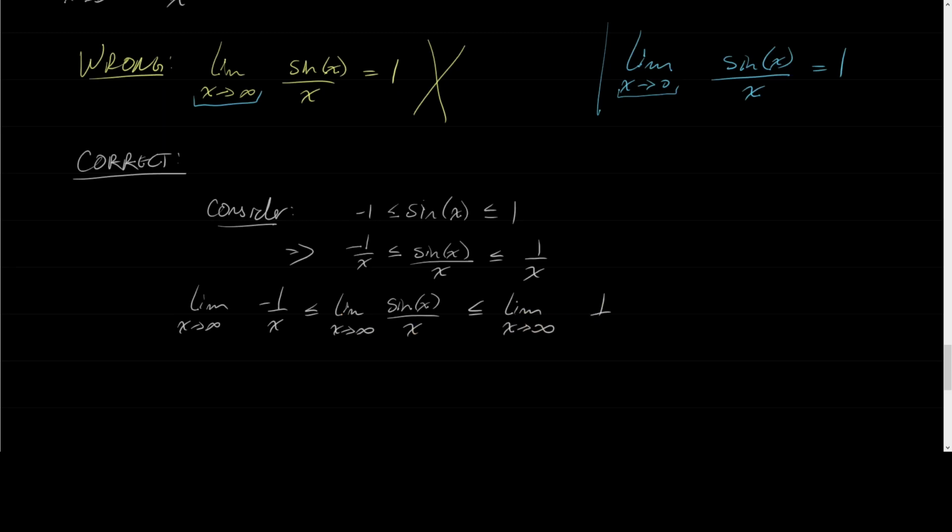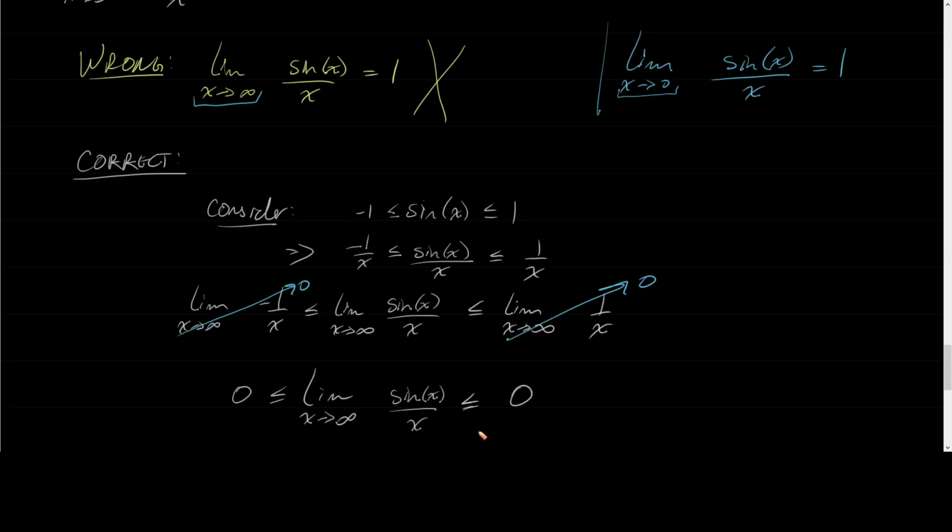Well, what ends up happening is that the limit on the left here goes to 0. The limit on the right here goes to 0. So essentially what we have here is that 0 is less than the limit as x goes to infinity of sine of x over x, which is less than or equal to 0.